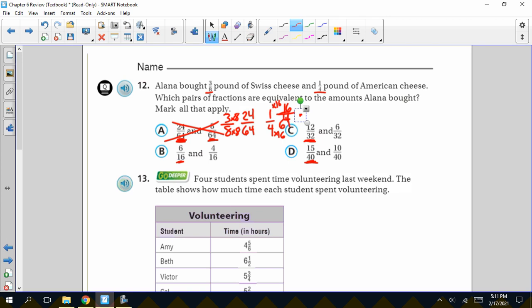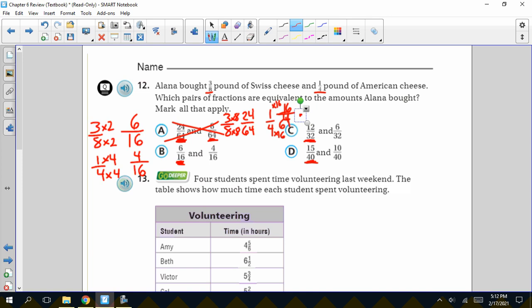For B, we're going to turn 3/8 into a 16, and we're going to turn 1/4 into a 16. 8 times 2 gives me 16, so I have to do 3 times 2, which is 6. That matches. 4 times 4 gives me 16, so I do 1 times 4, which is 4.